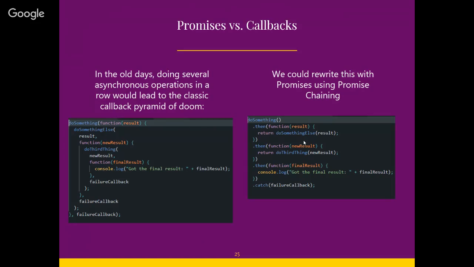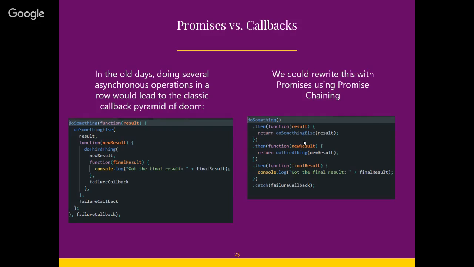Now that's simple enough for 1 or 2 operations, but if we have some kind of multi-step process in which the code in every single step depends on the code in the previous step, we would end up having to nest callbacks inside of callbacks inside of callbacks, which would end up in the callback pyramid of doom.